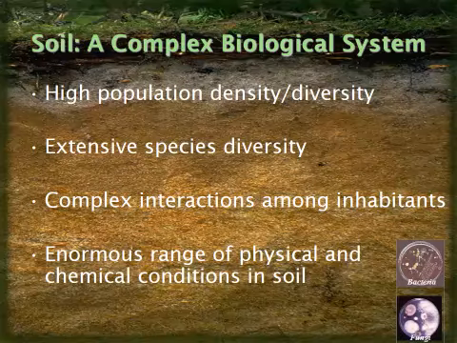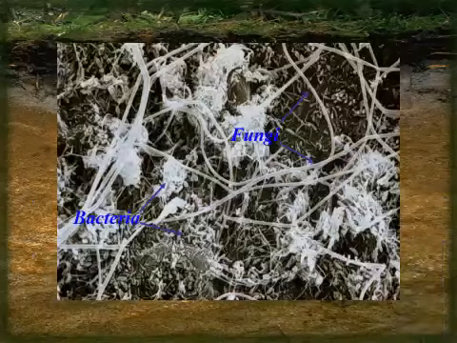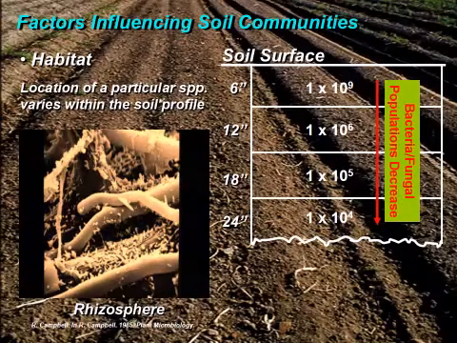We're not going to get into that a whole lot, other than to say that most of the soil biology lives in the top 24 inches of soil. As you head up the soil profile, you have increasing populations. So in the top 6 inches, you're going to have more soil biology than between 18 and 24 inches.